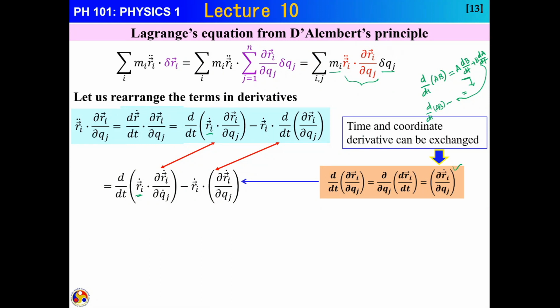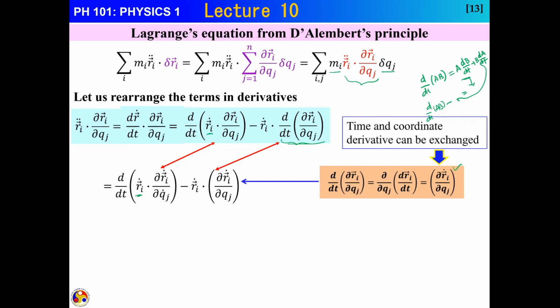We will prove that interchange of order later, but believe that it works. So this term altogether I can write using this time and coordinate derivative exchange condition. We will prove it, then you will catch it.